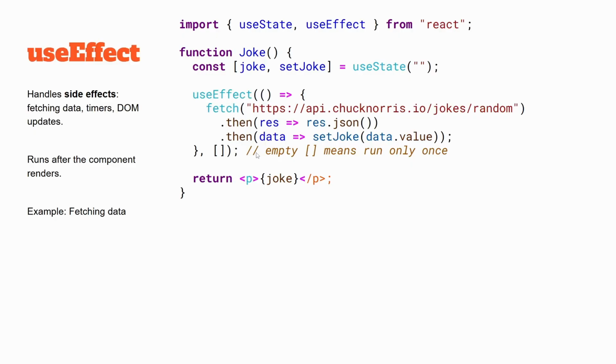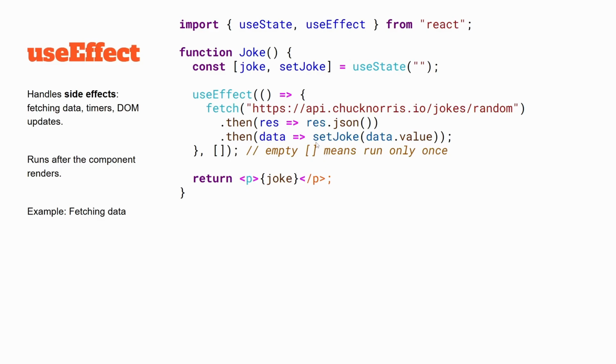When this use effect command runs, it fetches a random joke, and then uses set joke, that is the state, to set the joke inside the state variable. And then it returns that joke. Simple. So that is how the use effect works.